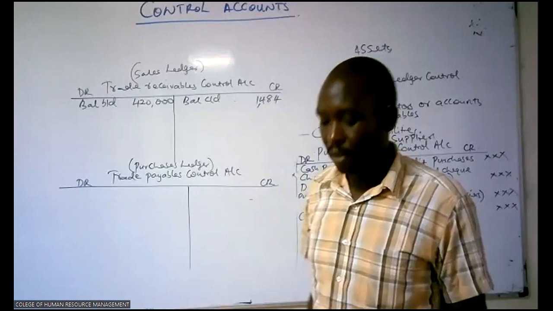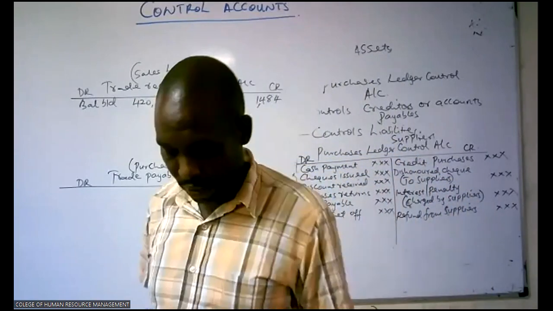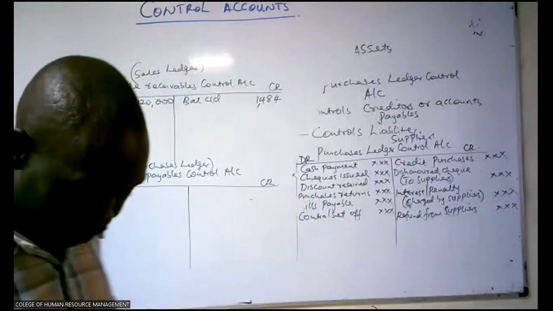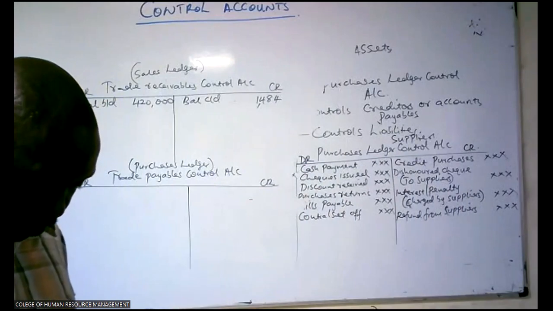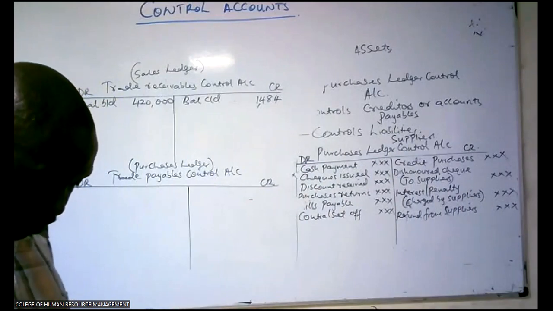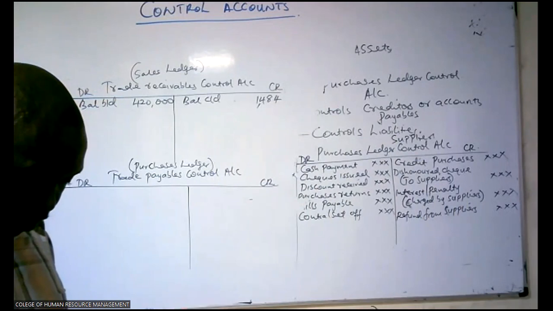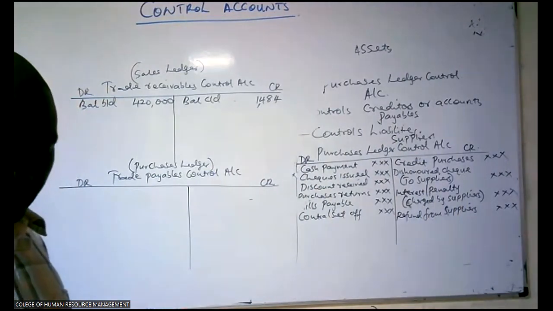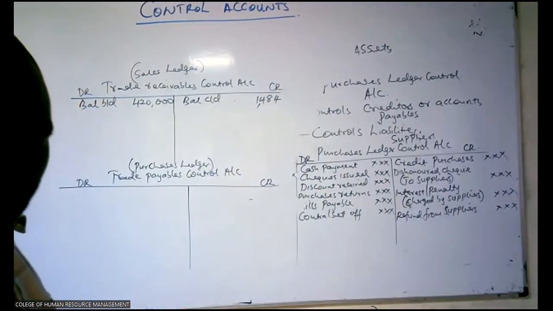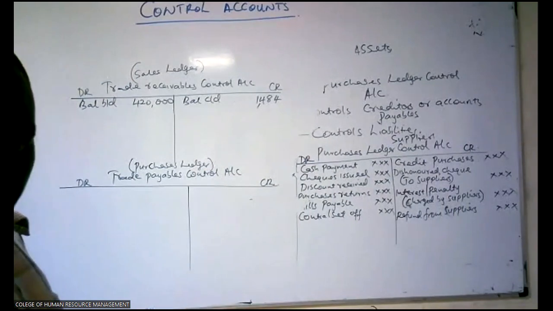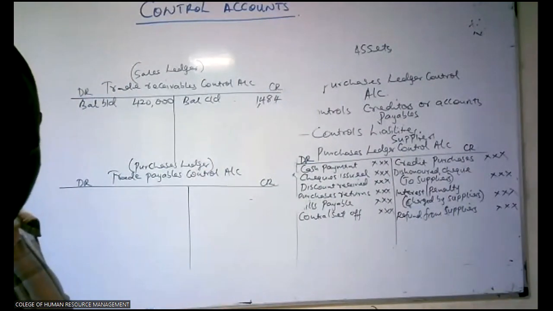Can you come again? Now I'm wondering how we're having this money, 1484. You say this is money that we owe the people to whom we sold goods. The customers, in short, yes. The customers. I wonder under what circumstances that will happen.